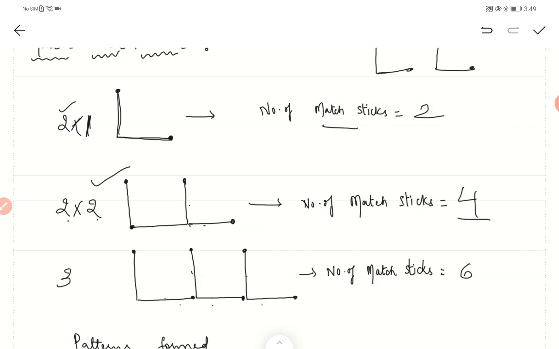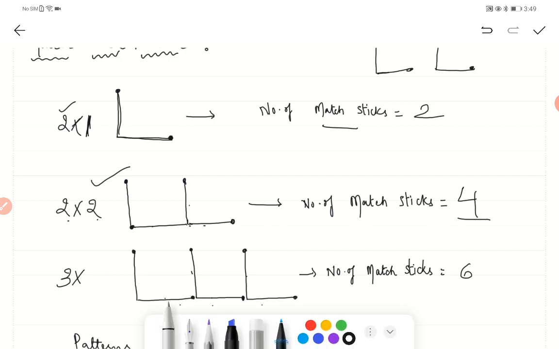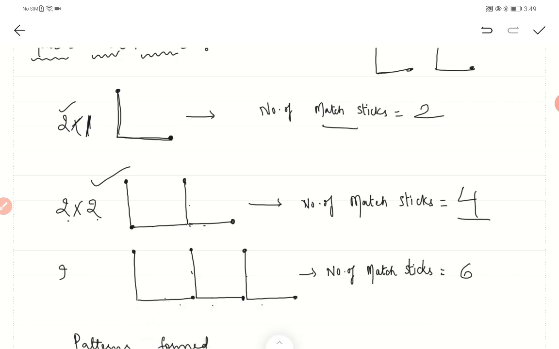For 3 Ls side by side, I will need 2 into 3, which is 6. Now I want to make 4 Ls side by side. So how much will I need? I'll need 2 into 4, 8 matchsticks.